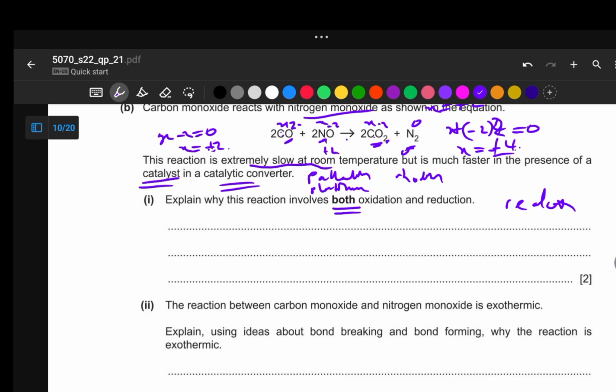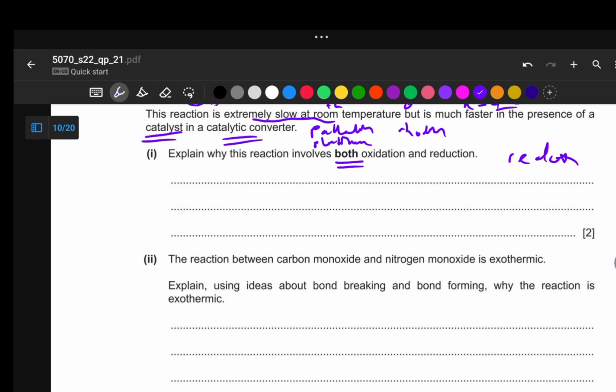And then we now proceed to the next part, which says the reaction between carbon monoxide and nitrogen monoxide is an exothermic reaction. Explain using the idea about bond breaking and bond forming why the reaction is exothermic.